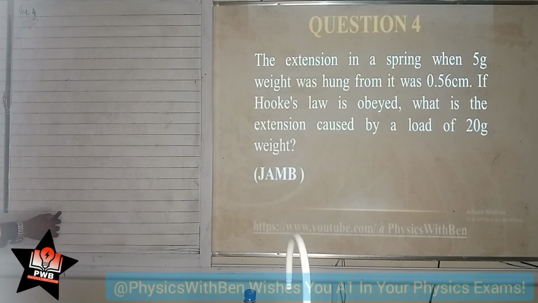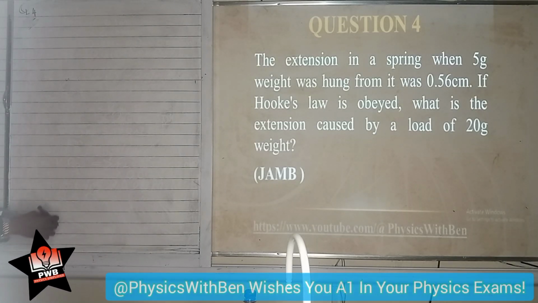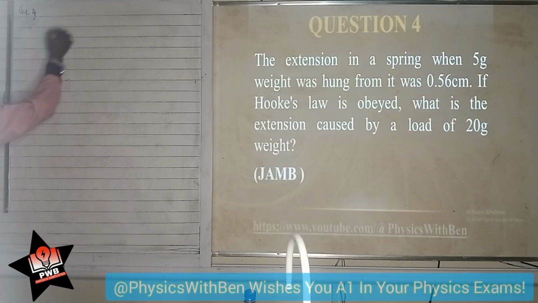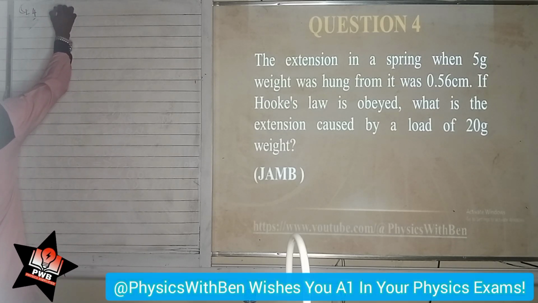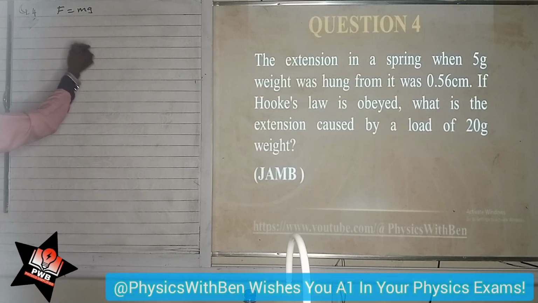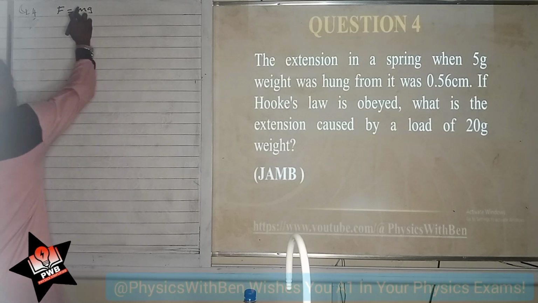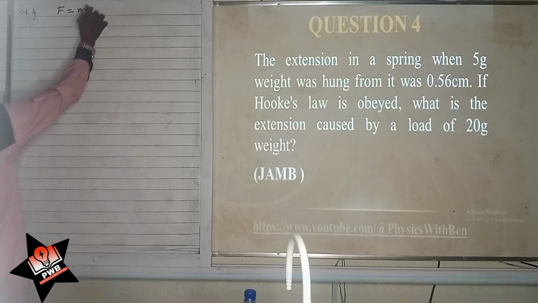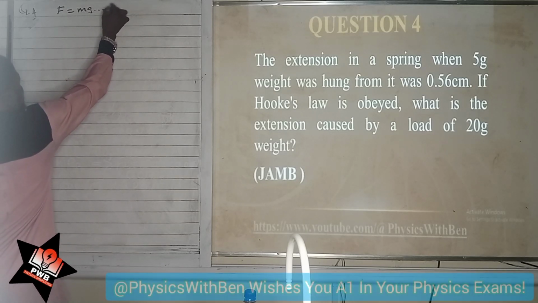So we write there are 2 masses there, and we have to convert the masses to force. Recall that F is equal to mg, mass times gravity. We call it equation star.